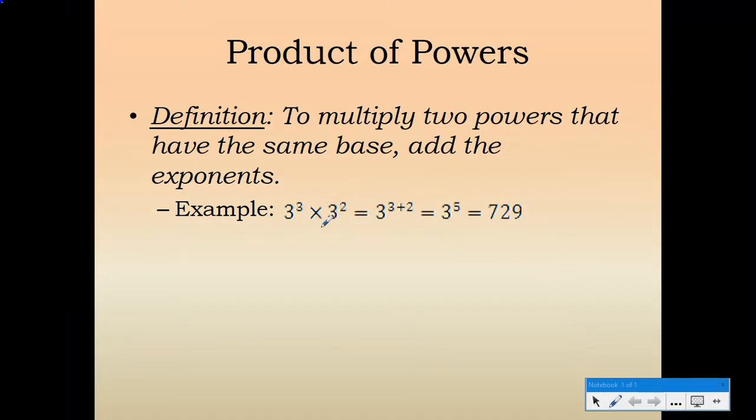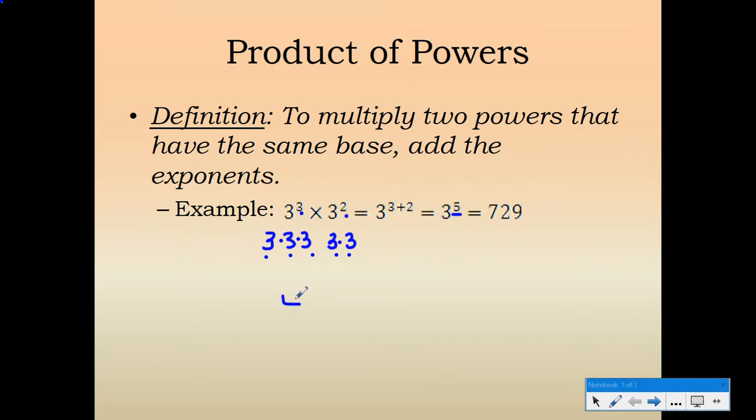If you didn't do that, what you would be left doing is multiplying out 3 3's and 2 3's. So the 5 here is coming from how many factors of 3 are being multiplied in total. Adding these exponents is a lot faster, more efficient than actually writing it out every time.